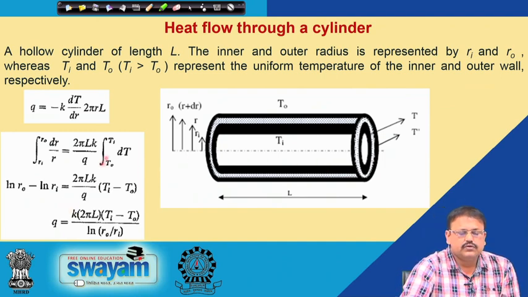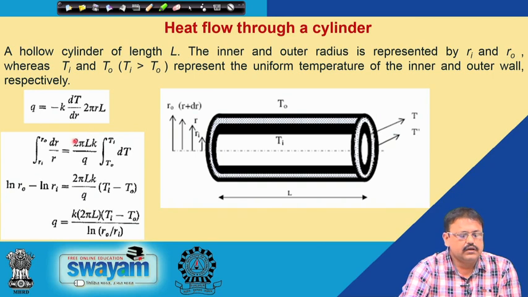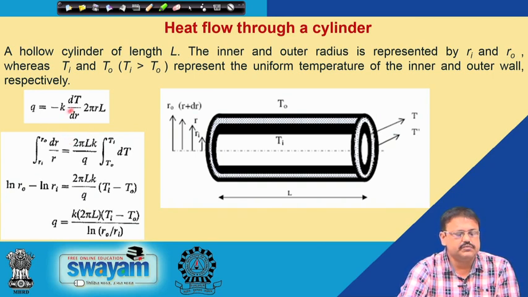Now, if we go for steady state heat transfer through a cylindrical geometry, then from the basic equation Q by A equals minus K dT/dr, in this case 2 pi r L is the area, and the area is variable for the cylindrical shape. Then by separation of variables we get dr by r from the inner radius r i to the outer radius r 0, and the inner side temperature T i to the outer side temperature T 0.